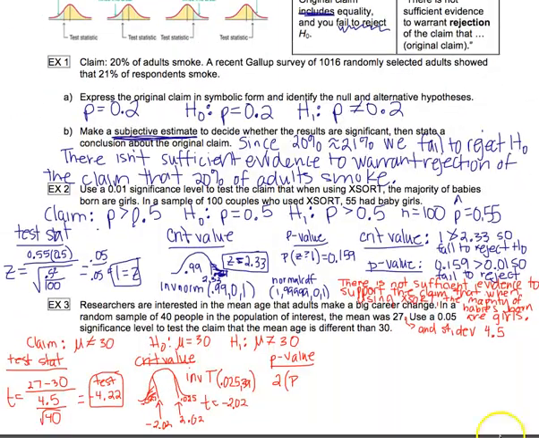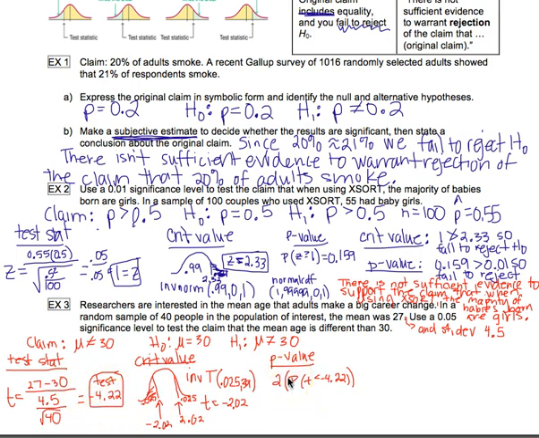So in this case, because we have the left side that we're looking at, we're looking at the probability of t being less than the value. So probability of t less than negative 4.22, which is our test statistic over here.